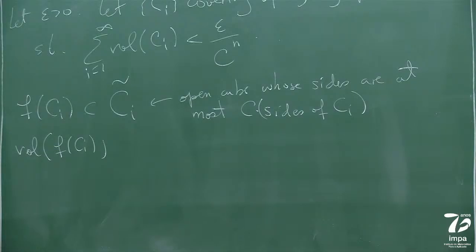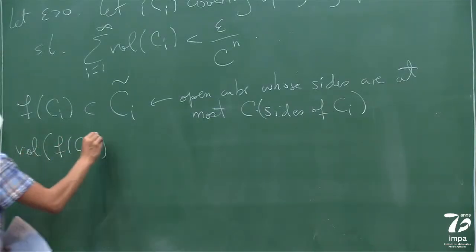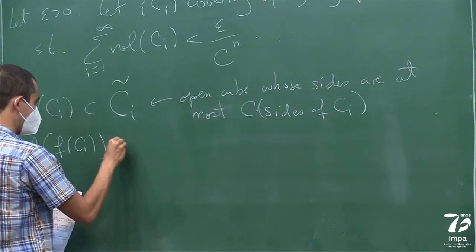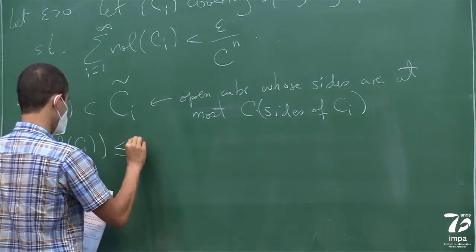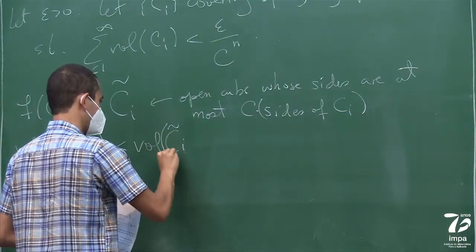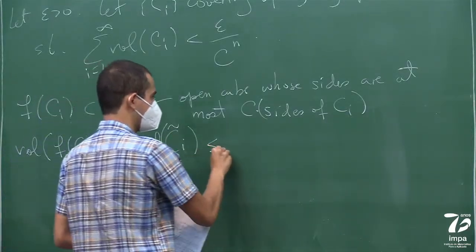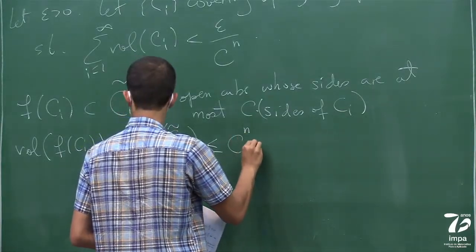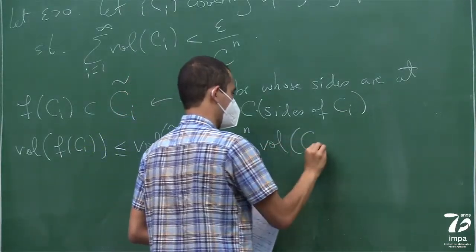If you don't understand, I can repeat. Okay, so the volume of each f of ci is less than or equal to the volume of ci tilde, which is less than or equal to c to the n times the volume of ci.